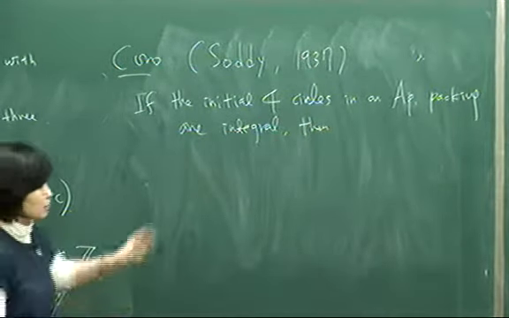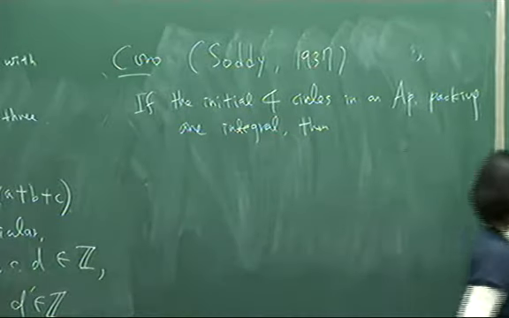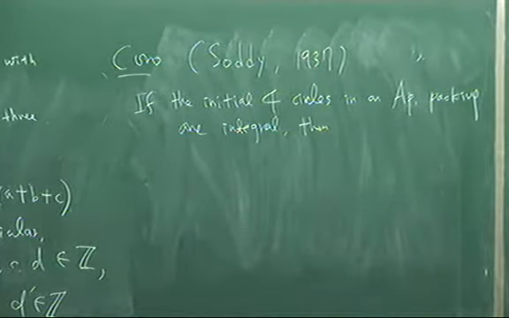So if you start with 4 circles which have integral curvatures like this one, then I draw a new circle, and the curvature of this circle has to be an integer as well, right? Because this will be A, B, C, D, and this will be D prime.